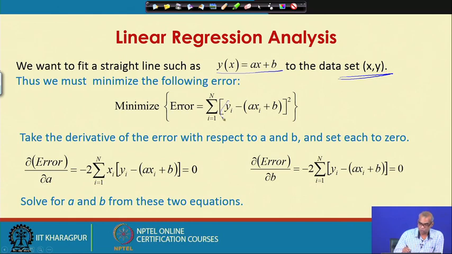If the true value is y i for a particular observation, the equation predicted output is a x i plus b, because y equal to a x plus b is the equation that I am fitting in the data set x, y. So, for an input x i, the actual output is y i, the output predicted by the equation will be a x i plus b.